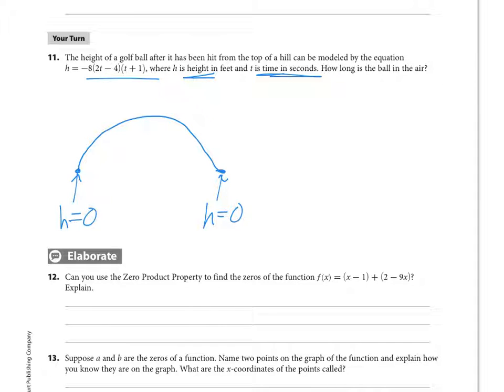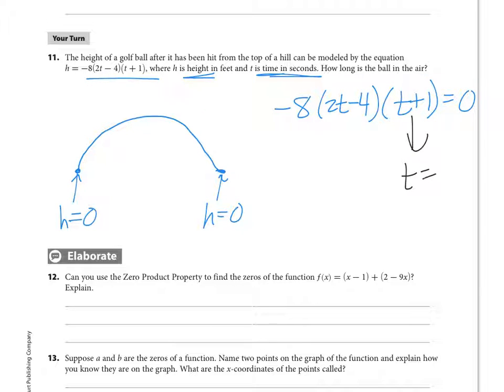So what it's asking us for is, when is our function or equation equal to 0? Well, if we look at it, here it would be -1, and here it would be, again, what's the opposite of subtract 4? You add 4.